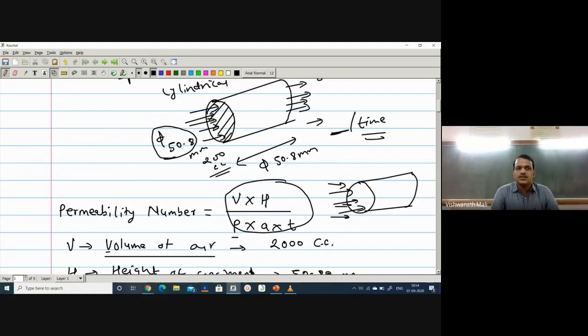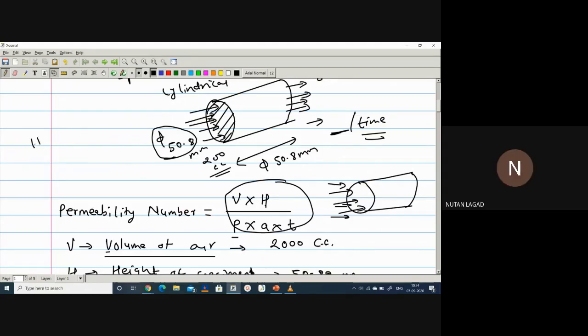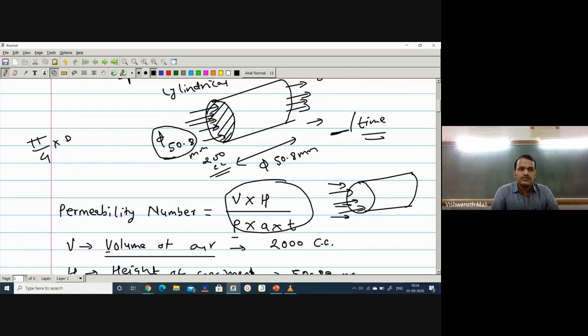This is a circle, so pi r square or pi by 4 d square, which is equal to pi by 4 into 50.8 square. If I calculate in centimeter, it will come around 20.268 centimeter square. You need not calculate this because these are standard dimensions which are already given.